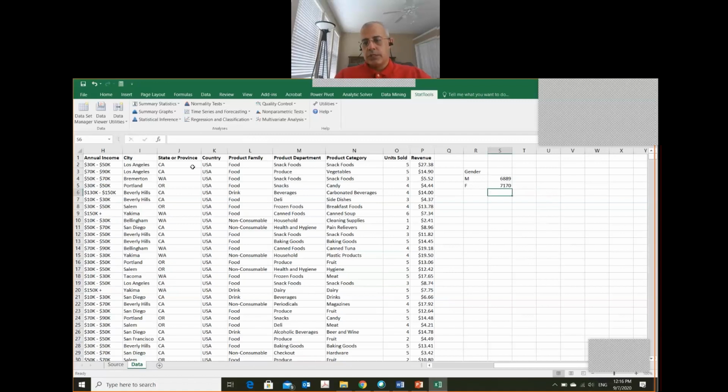To make sure these numbers are correct, we can sum them to calculate the total. Equals summation of these two cells to see if it is equal to the maximum number or not. 14059.